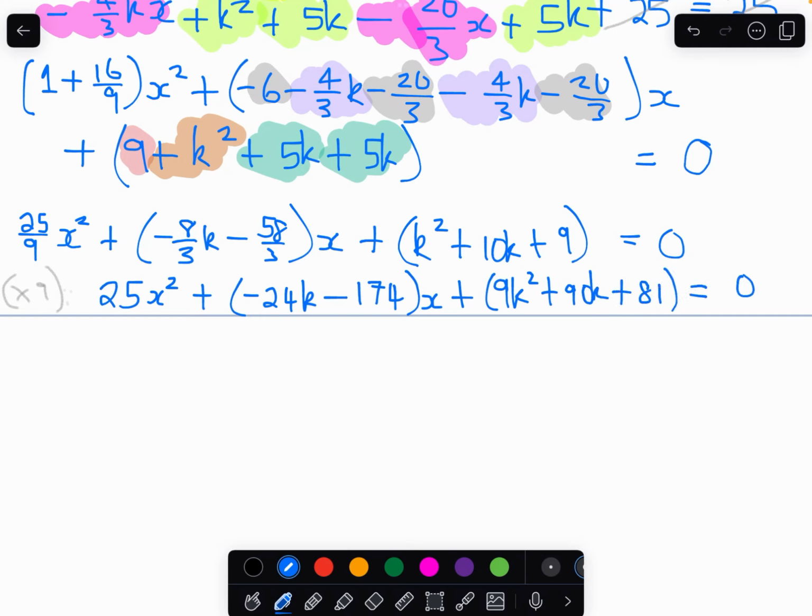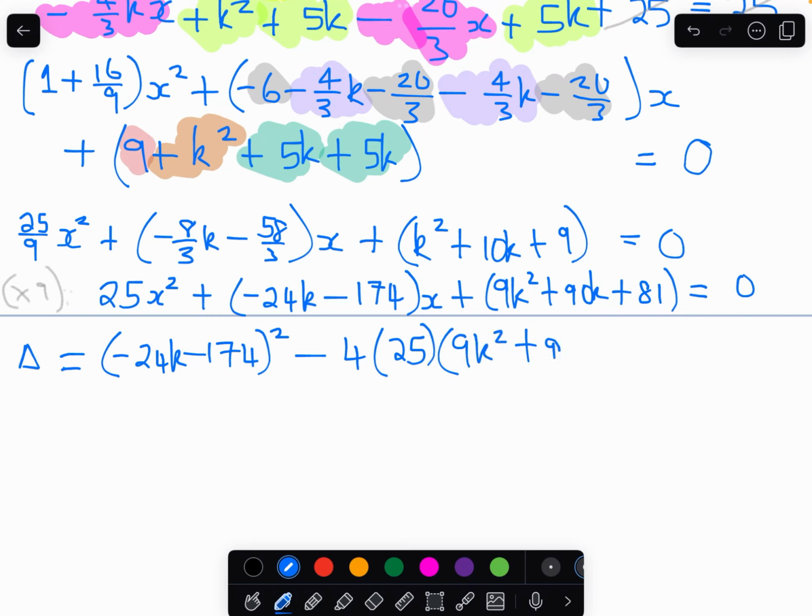And then this will remain a 0. Okay, I like that. So now the discriminant will be minus 24k minus 174 squared minus 4 times the a and the c.